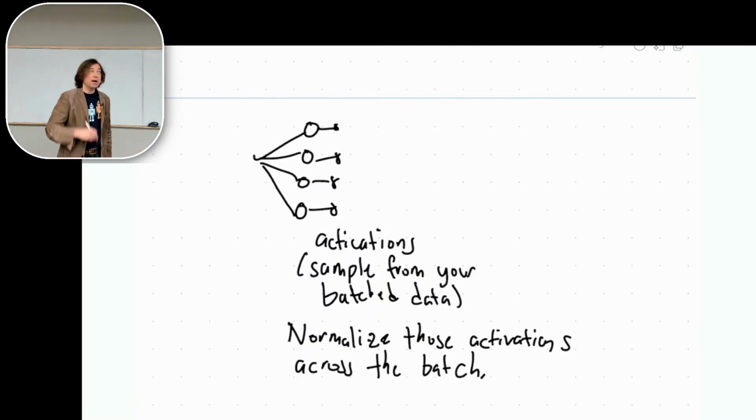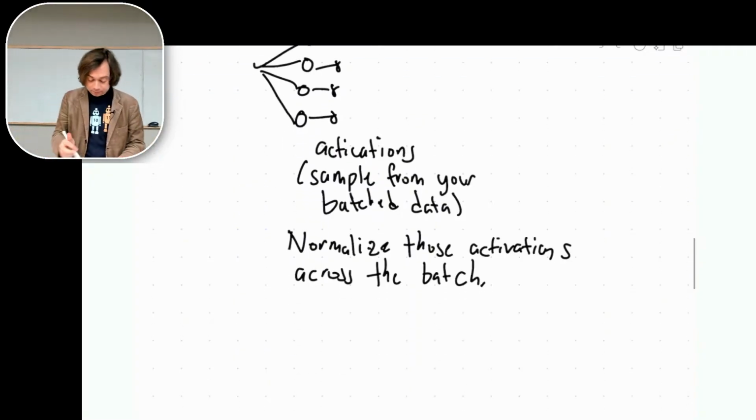Meaning you have a batch of data, send in one data point, record all of these activations. Send in another data point, record the activations. You normalize. You could normalize with min-max. You could normalize with mean normalization and standard deviation. Very common.